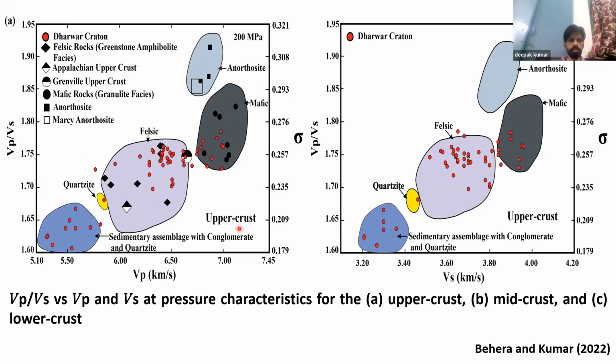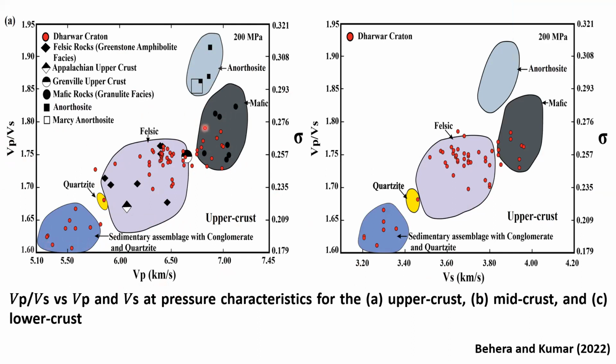Okay, this is what we have plotted. We have plotted VP versus VS, P wave velocity and S wave velocity, for the upper, middle, and lower crust. This is for the upper crust, and these red dots are our data points, and these black circles which you see here are laboratory work.